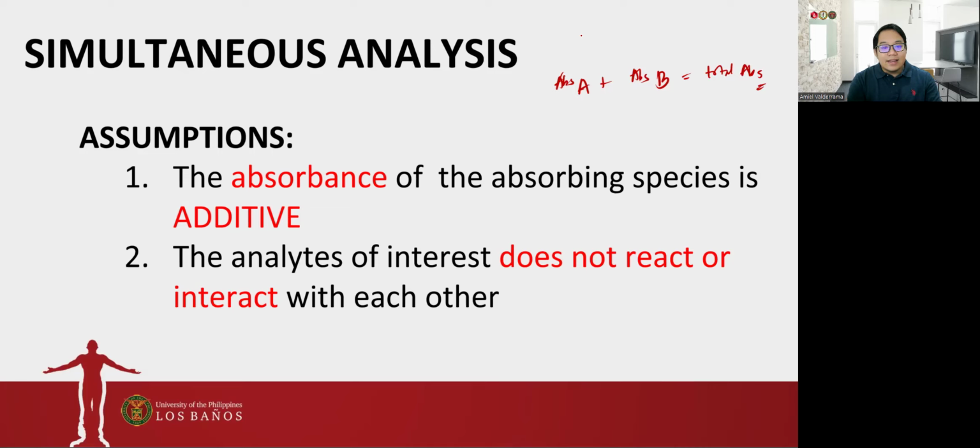Next naman is the analytes of interest does not react or interact with each other. Ibig sabihin, if we mix A and B, dapat wala tayong reaction. Sabihin, nagka-coexist lang sila sa ating solution, but there is no reaction between A and B. Hence, the absorbance of A and the absorbance of B can be determined simultaneously.